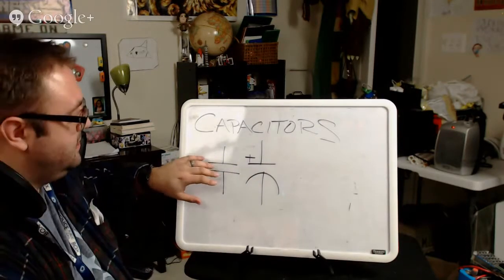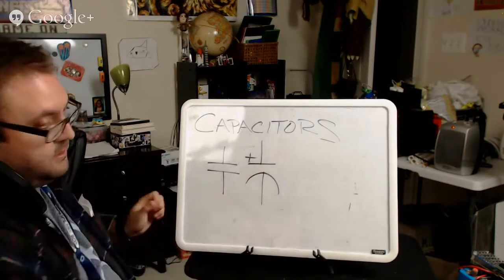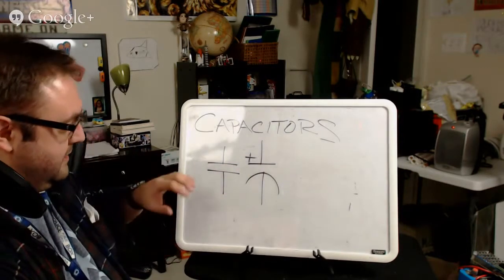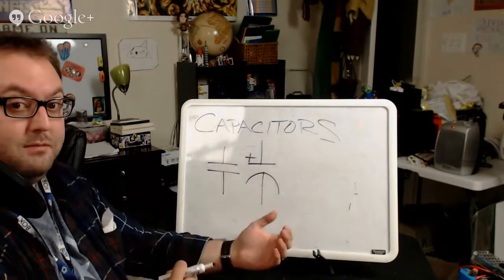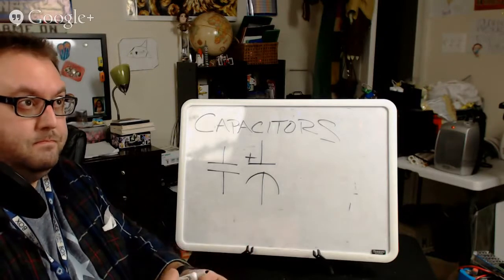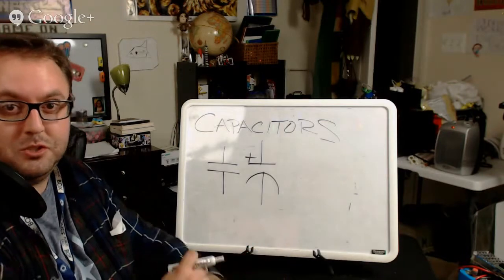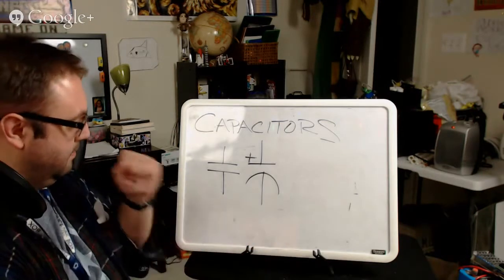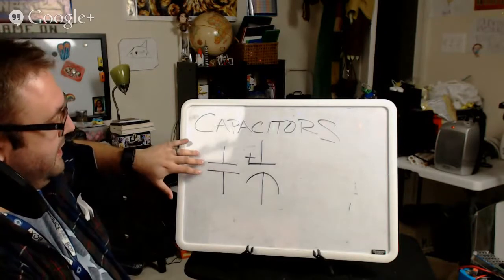Some capacitors, especially the ones with the plus sign, are polarized. That means they can only be hooked into the circuit one way, with a positive lead and a negative lead. If you swap that around, more than likely your circuit won't work as you intended. Then there are non-polarized capacitors where it doesn't matter.